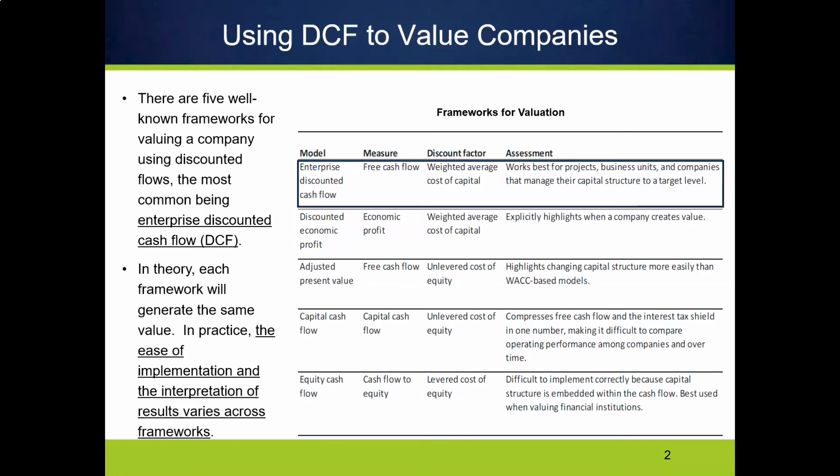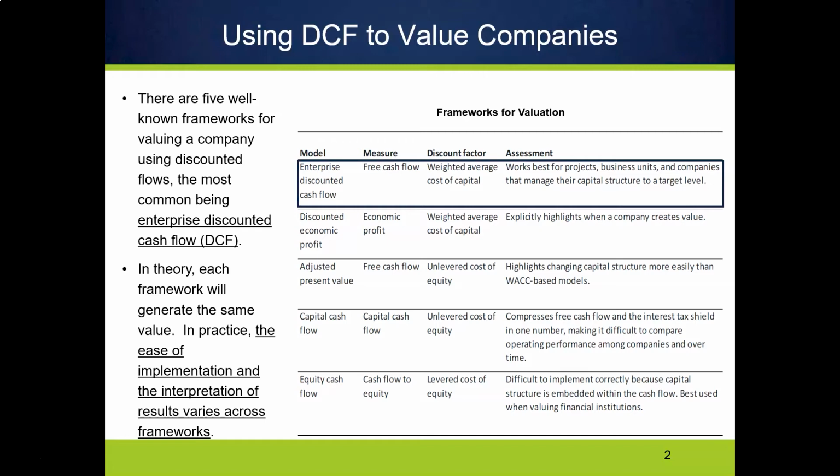We will give some discussion to the next two models here on the list, the discounted economic profit and the adjusted present value or APV model, because those are probably second and third most common. The book has a more detailed discussion of all five and of the last two that we won't really talk about at all, except to say occasionally I'll talk about the equity cash flow model because it is appropriate when we're talking about valuing specific things.